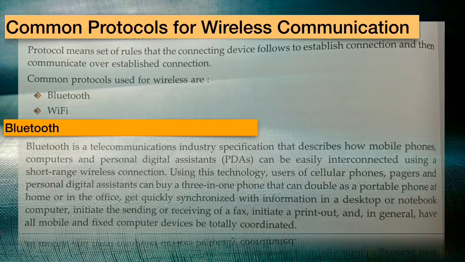Devices shake hands or connect to each other, and they follow a set of rules while connecting, and those rules are called the protocols of communication. Two common protocols used for wireless communications are Bluetooth and Wi-Fi.